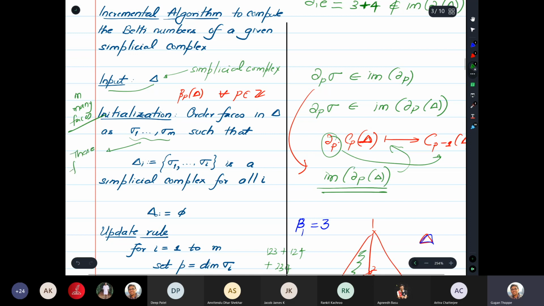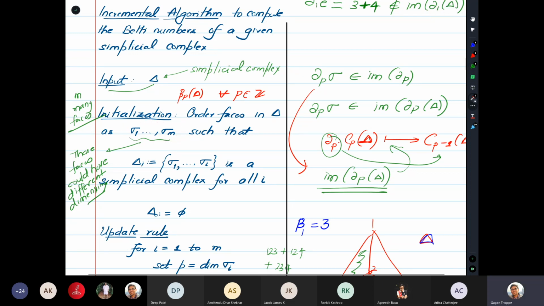So all the faces in delta, I have ordered them, meaning this is the first face, this is the second face, this is the third face. So I have given some ordering. And how do I order?